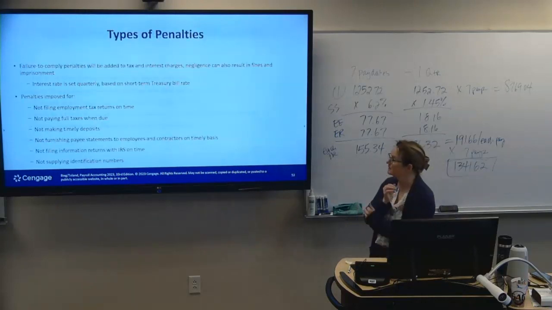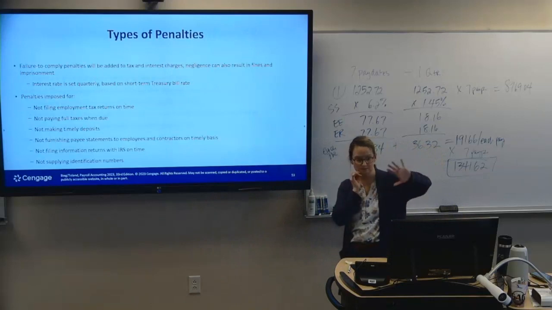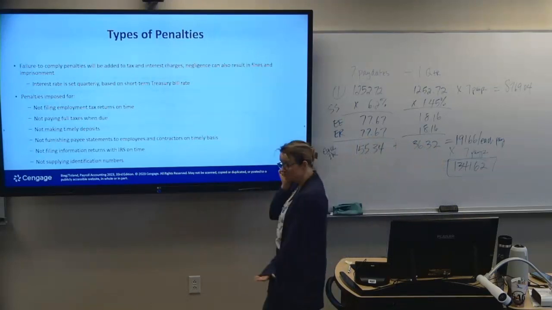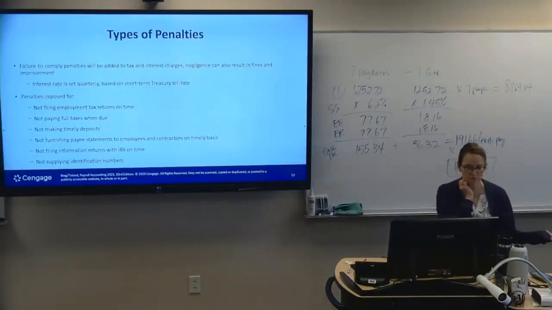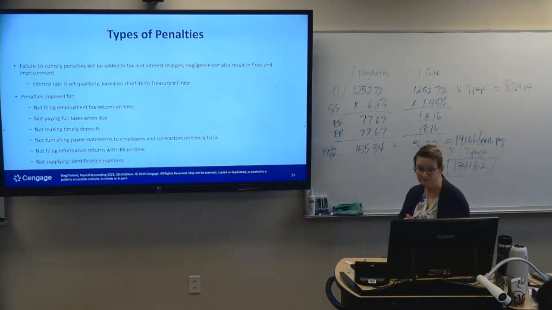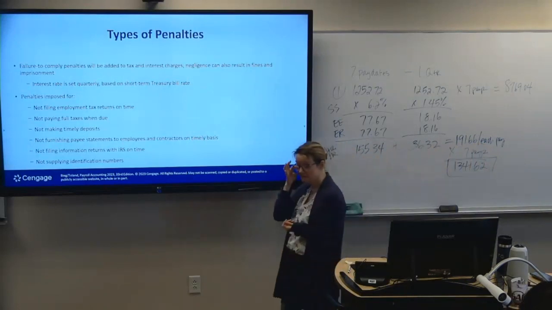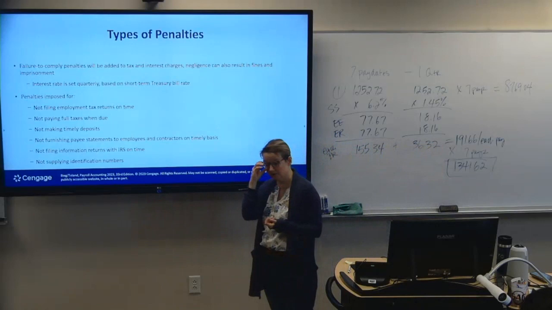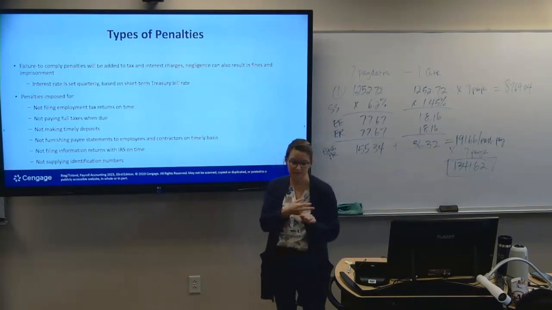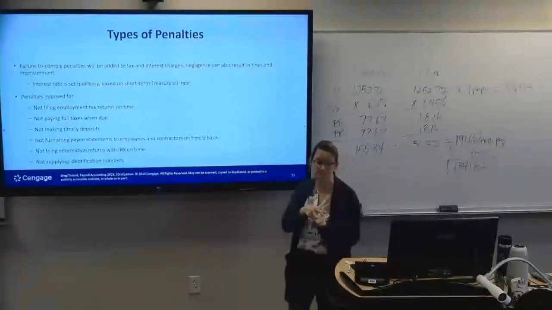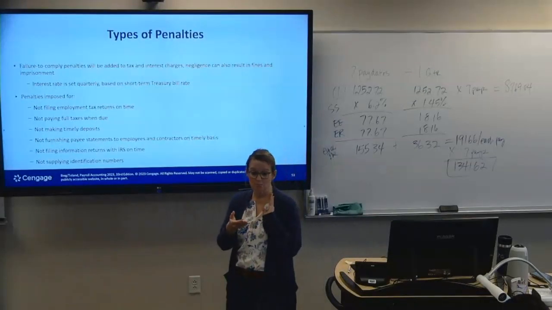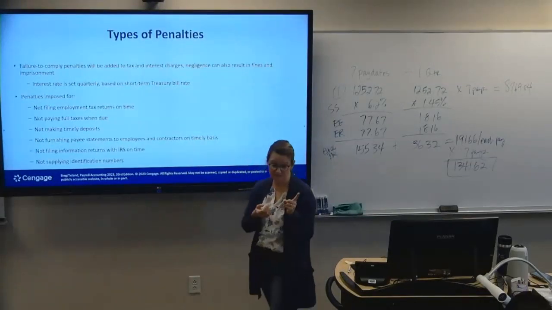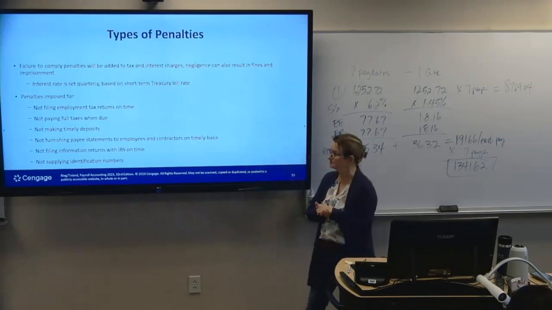Okay, real quick, before we go through some of those problems, I want to talk about penalties. I know you've got a homework problem or two that involve penalties. You'll see that there are lots of different types of penalties that the IRS can assess: late penalties, non-payment penalties, underpayment penalties, non-filing penalties, and believe me, they will assess multiple penalties for a single infraction.